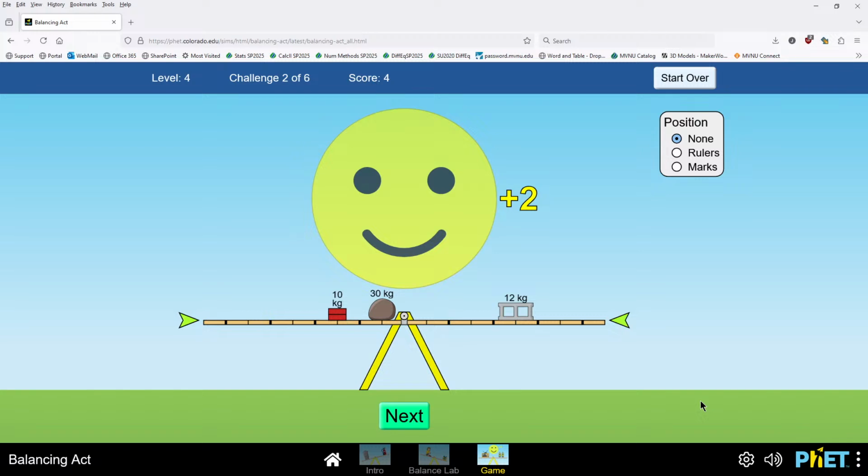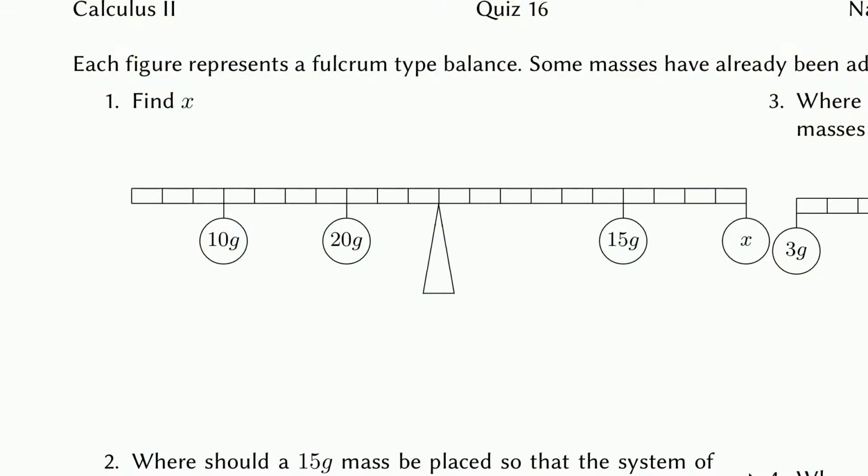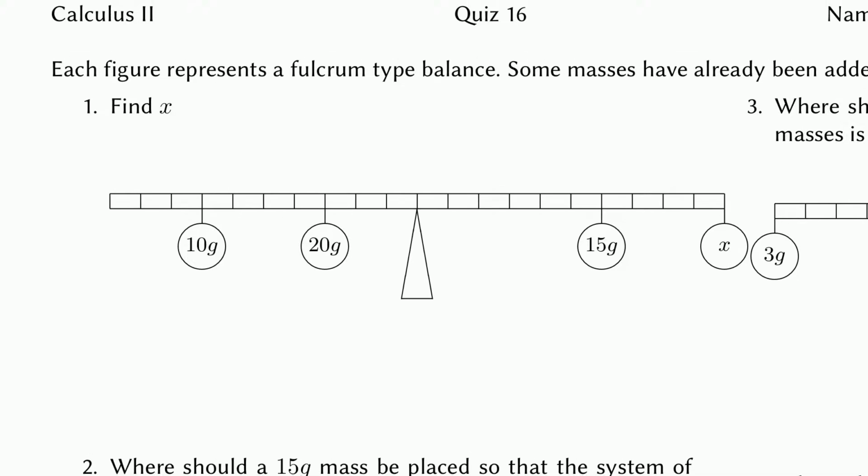Okay, yeah, so how does this work? Some of you know, so let's take a peek, and we'll play another one in a minute, because it's kind of fun to get the big smiley face. But how this works is you're computing what's called the moment about the fulcrum for each of these masses. So for example, in this fulcrum, I would compute the moment this way. The moment is equal to the mass times the distance from the fulcrum.